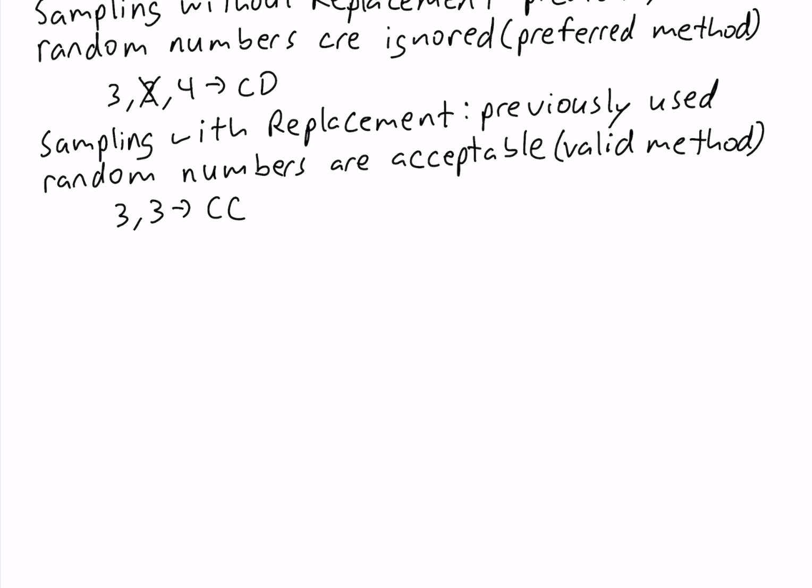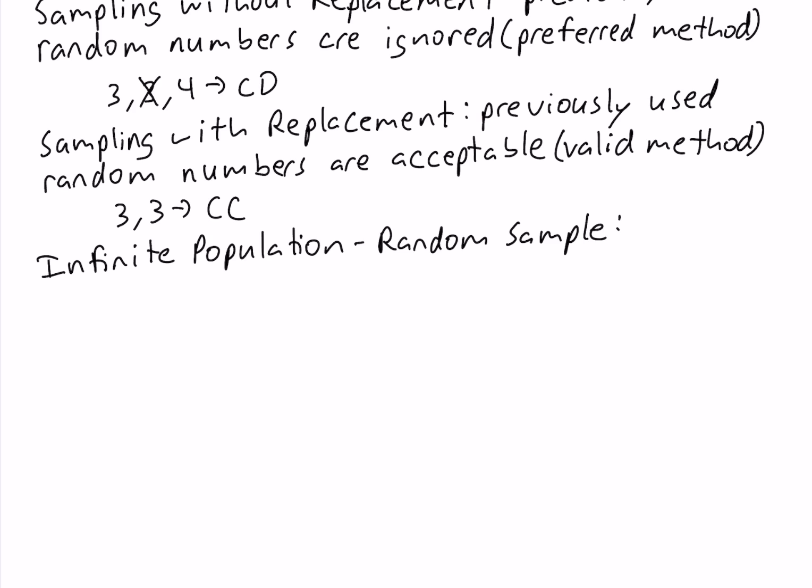Now, if we're sampling from an infinite population, we want to select what's called a random sample. So for a finite population, we select a simple random sample. For an infinite population, we select a random sample. A random sample is a sample selected such that two criteria are satisfied.